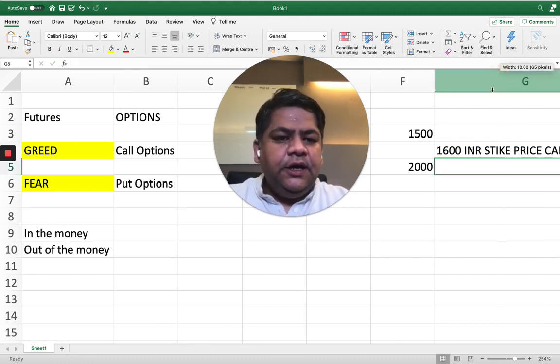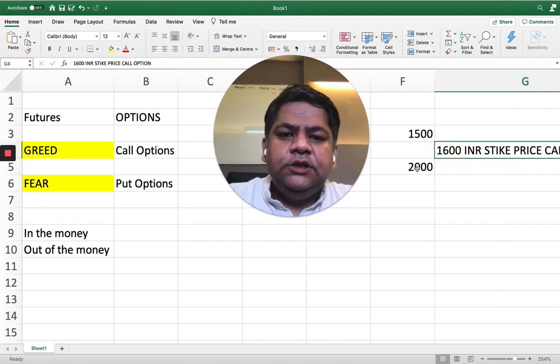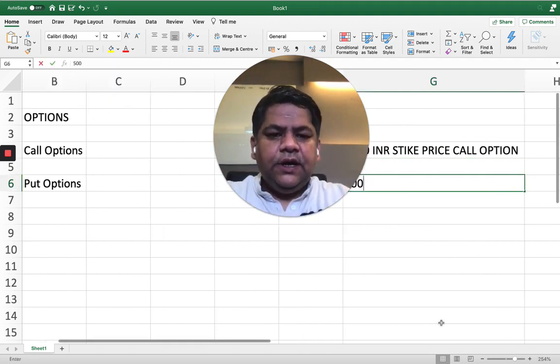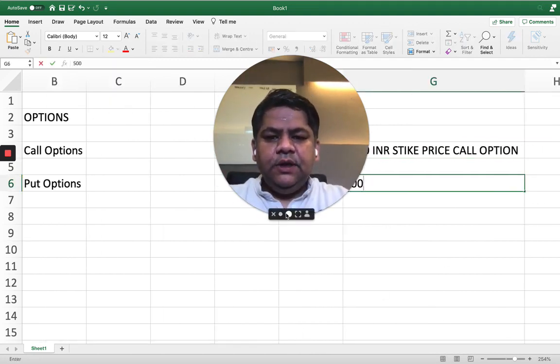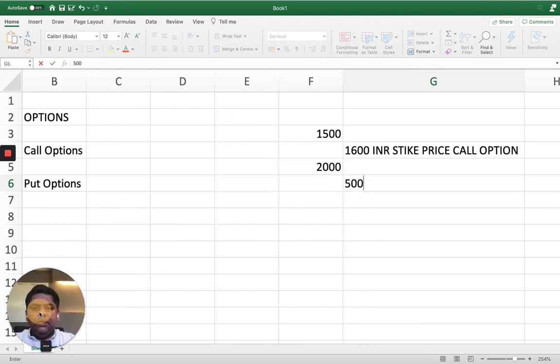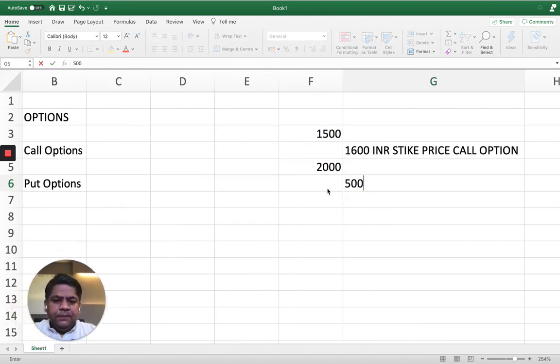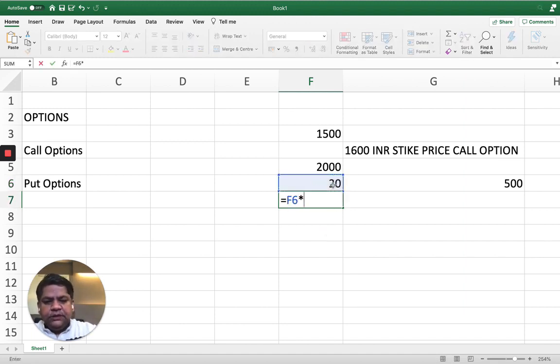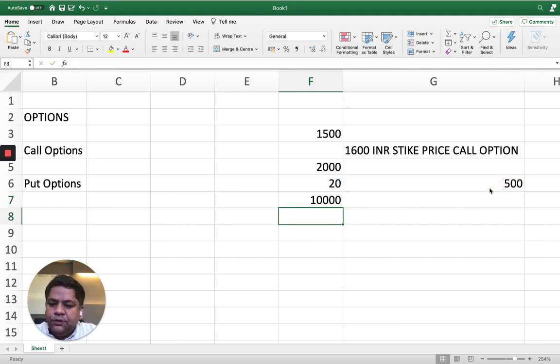Let's say the lot size is 500 and the option price is 20 rupees. It will be more or less like this. Then all you have to give is 20 into 500, which becomes 10,000 rupees.